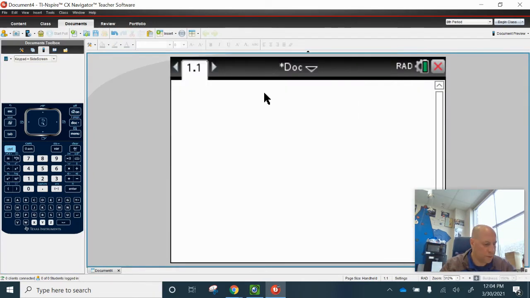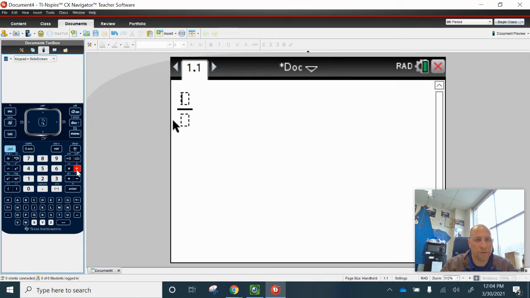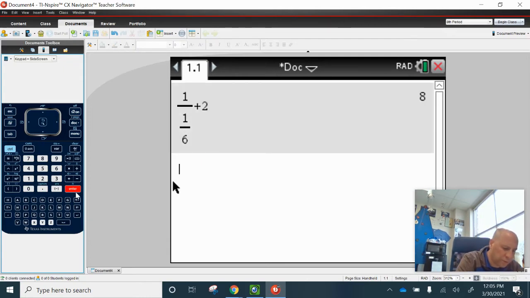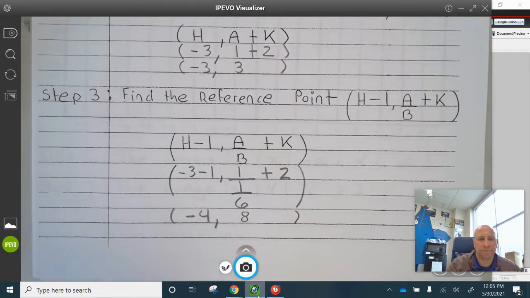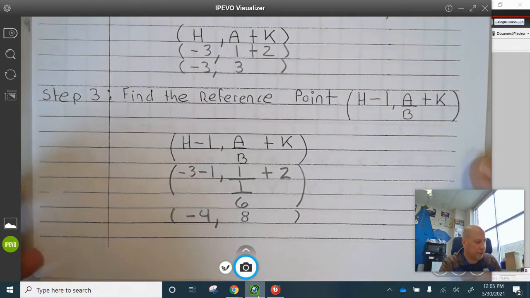We're going to do control divide 1, control divide 1 divided by 6, click to the right twice, plus 2, and 8. So (-4, 8). Let's move on to the next step.